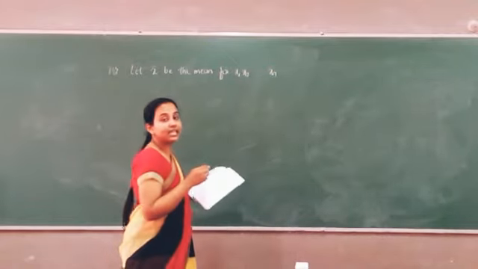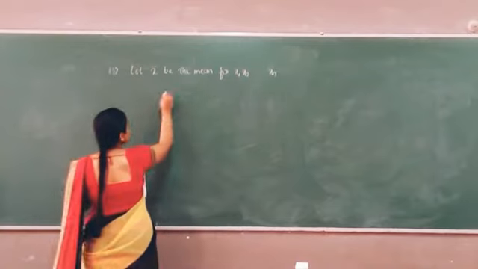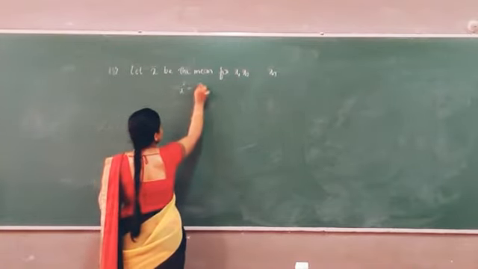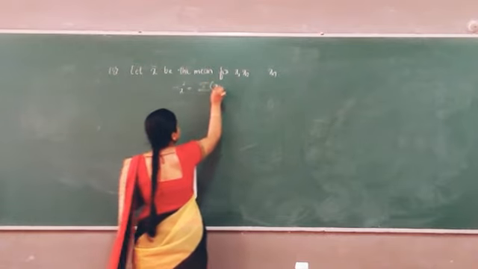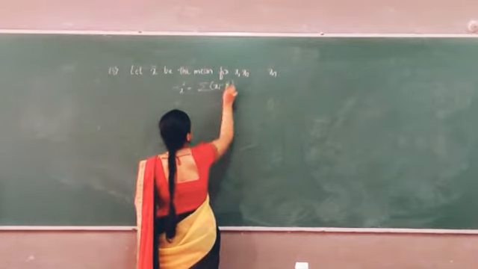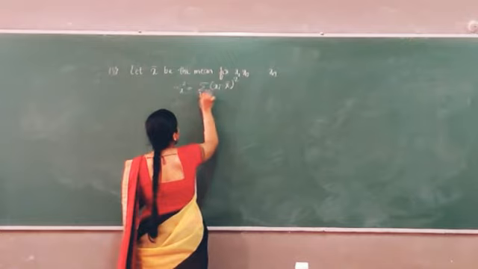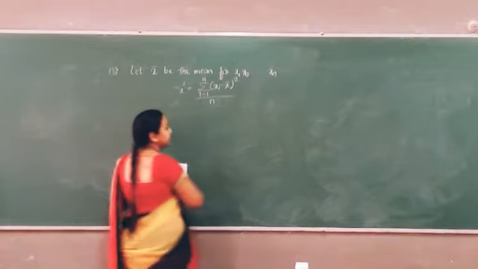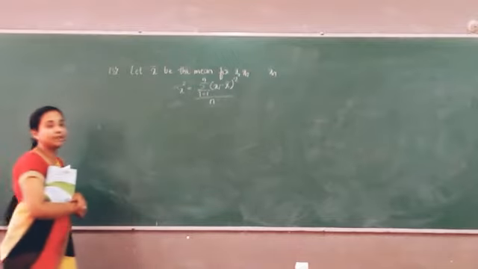And then the variance is given by, what is the variance formula for this x value? It is summation of xi minus x bar whole square, where i goes from 1 to n, divided by n. Right? So this is what they have given.